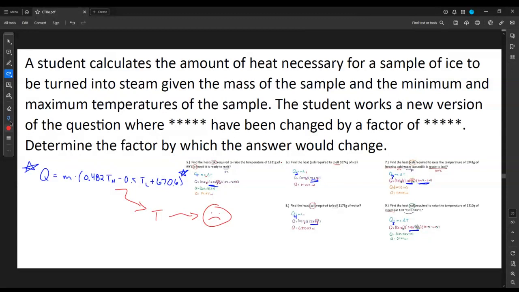So the only predictable thing that we can look at to see how the answer is going to change is the mass. Let's say that the mass is adjusted to 0.5 times the old mass. Then the answer will be in a ratio of 0.5 for whatever that factor was, and it's going to end up multiplying by all that same garbage.